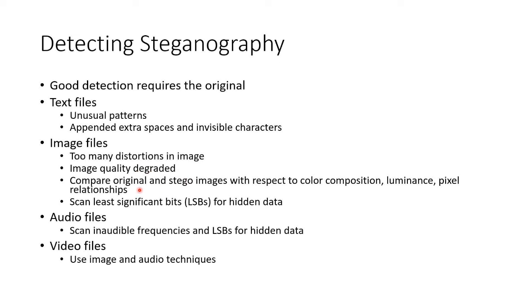If you can compare the original with the stego version, you could look at the color composition, the luminance, the pixel relationships, and find bit differences. You would scan the least significant bits for hidden data. Same thing with audio, same thing with video. And with video, you can actually have a combination of image and audio because video often embeds audio.